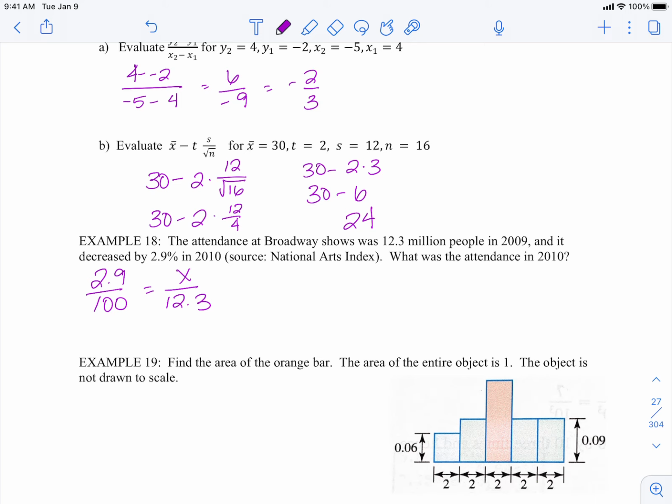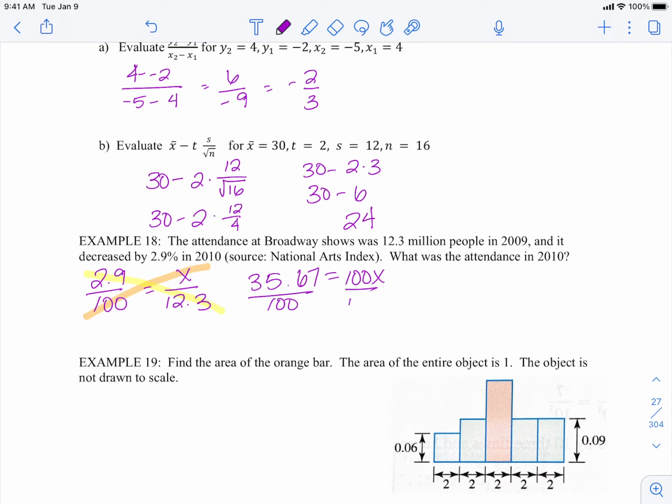So we're going to cross multiply 100 times x and 2.9 times 12.3. So we have 2.9 times 12.3, which is going to give us, oops, I'm sorry. That gives us 35.67, which is equal to 100x.